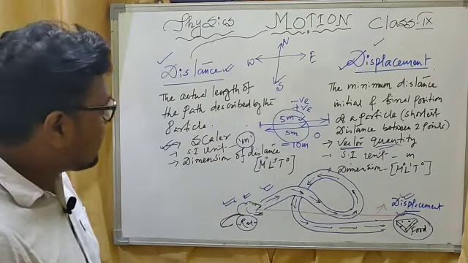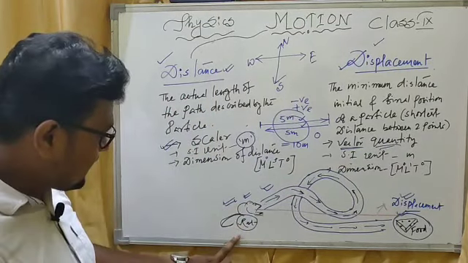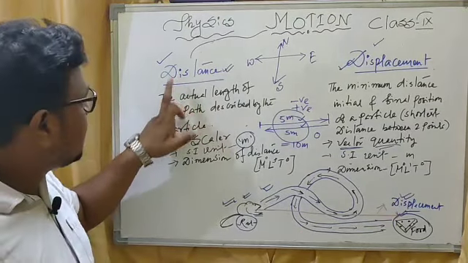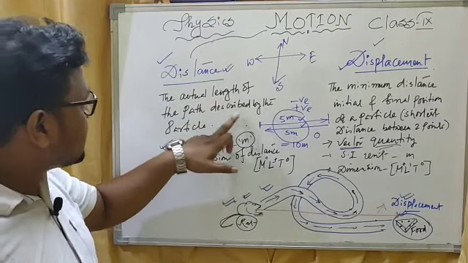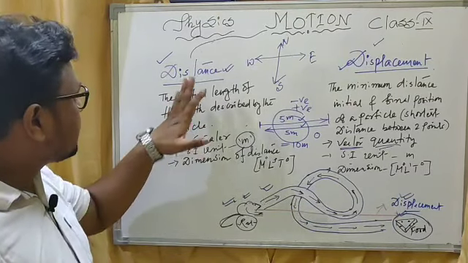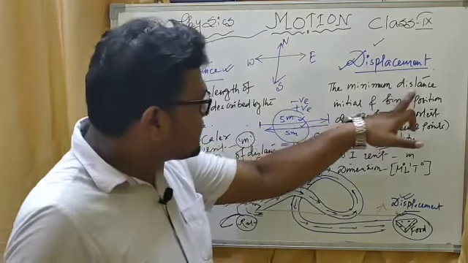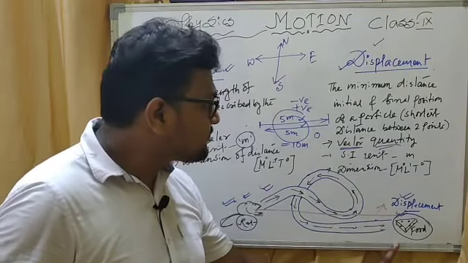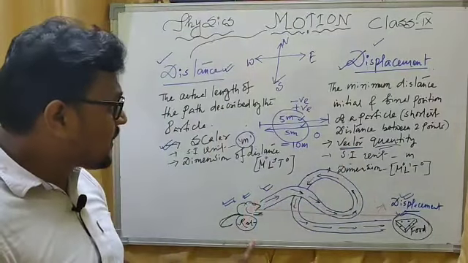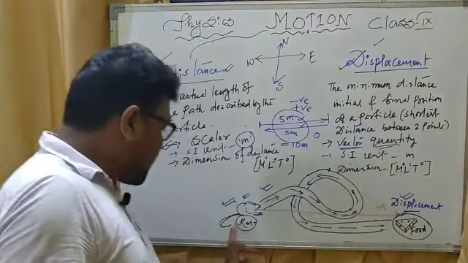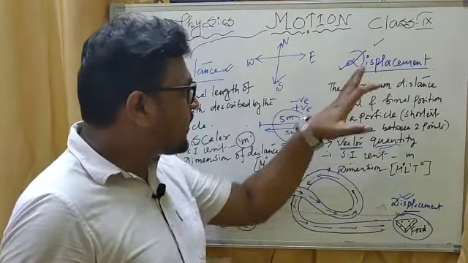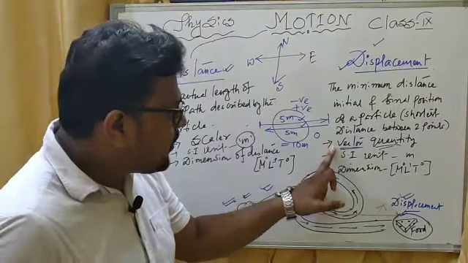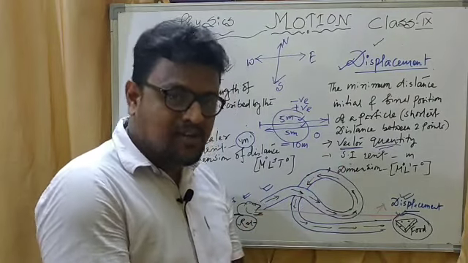So distance is the actual path covered by the rat, as an example. The actual length of the path described by the particle is distance, and the minimum distance between the initial and final position of a particle, the shortest distance between two points, the rat and the food, is the concept of displacement. That's why it is called a vector quantity. It has a proper direction.